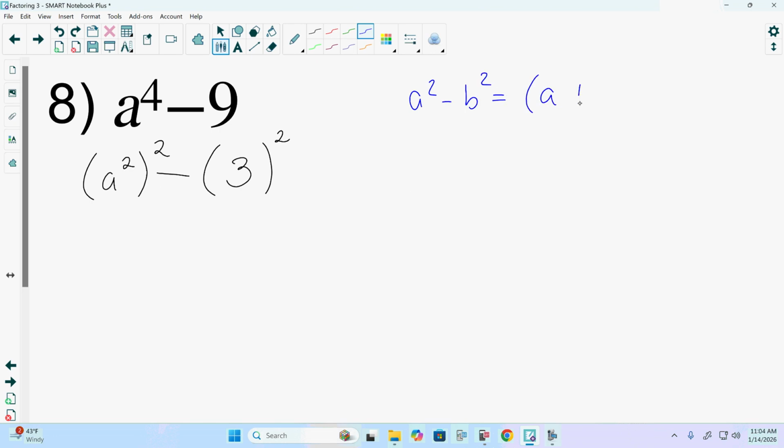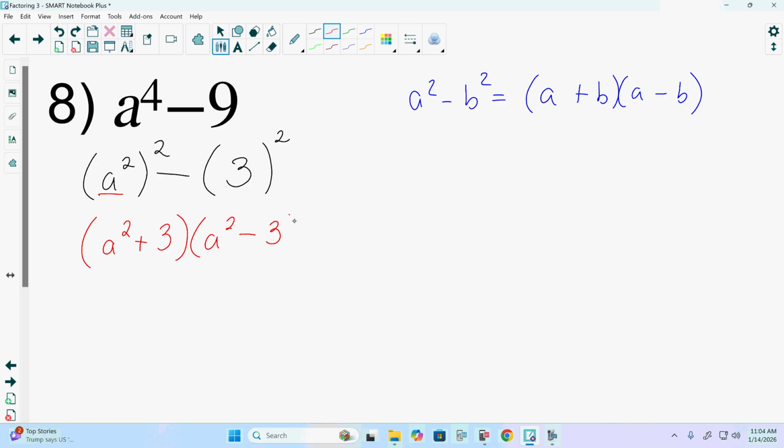Which means this would still factor to a plus b times a minus b. But for us, our a term is now a squared. Excuse me, our b term is 3, so we get a squared plus 3. And we would also get a squared minus 3. Questions on how we got to this point here?